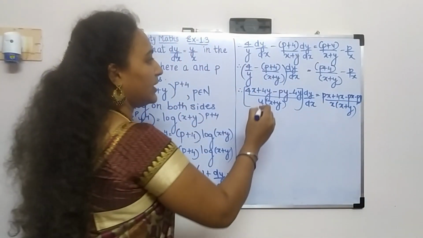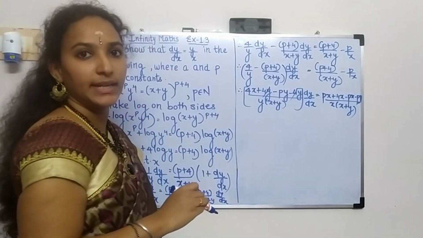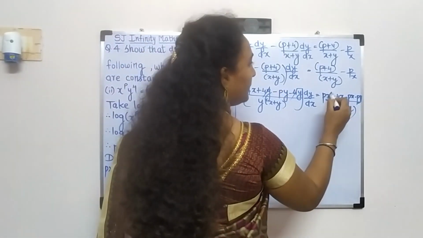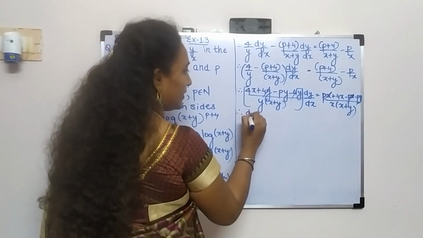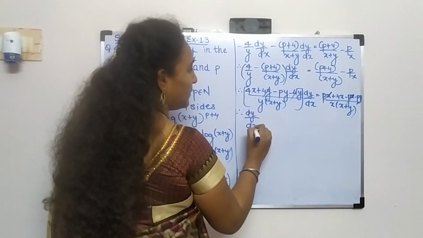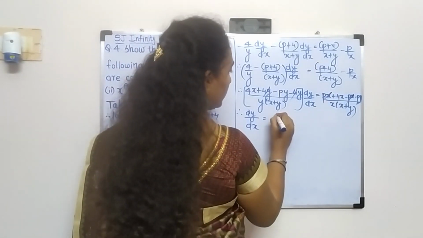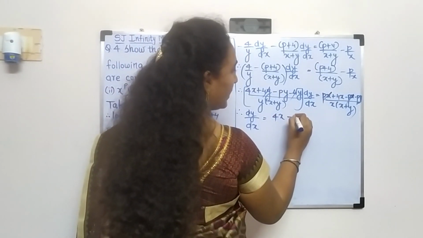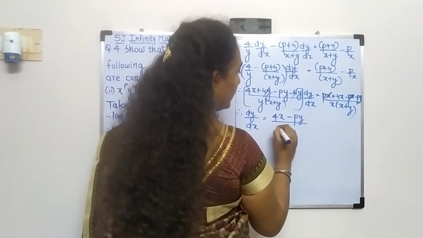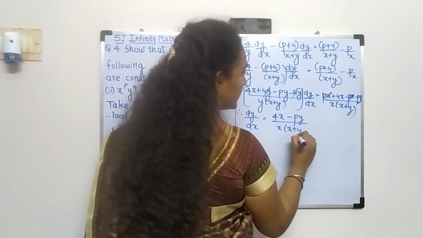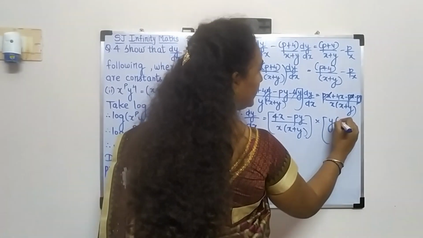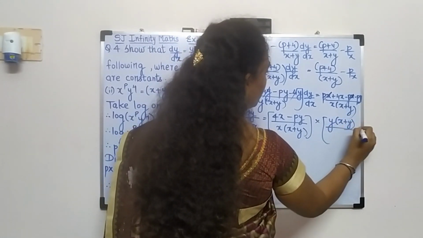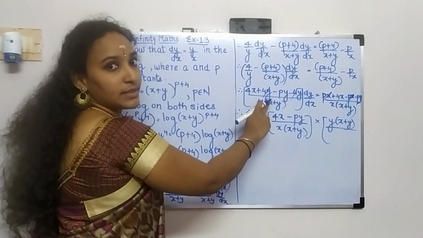Okay. So here 4y and 4y will get cancelled. Here px and px. Now let us cross multiply this. Therefore, dy/dx = ((4x - py)/(x(x + y))) multiplied with (y(x + y)/(4x - py)).